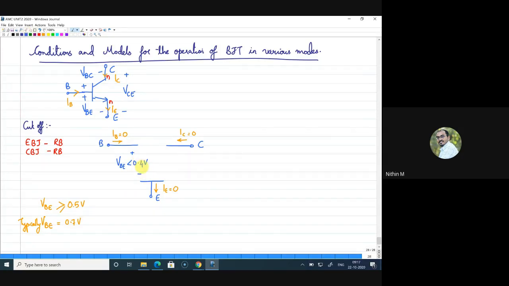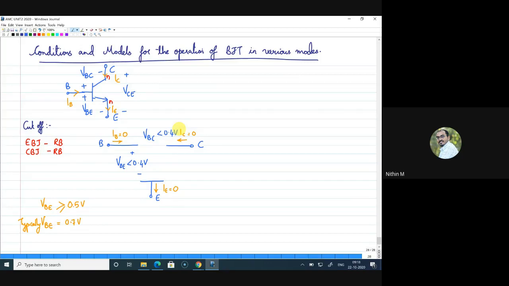If your VBE is less than 0.4, definitely the junction is reverse biased. To make the junction forward biased, there should be at least a minimum of 0.5 or more. The typical value we consider is 0.7. Similarly, since your collector base junction is reverse biased, your VBC is less than 0.4 in this case.